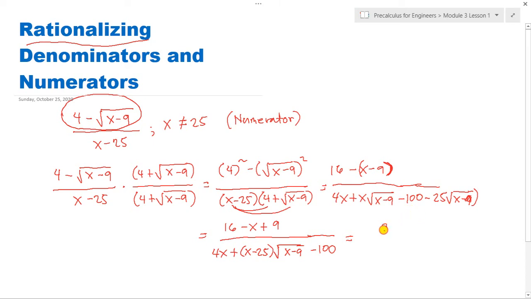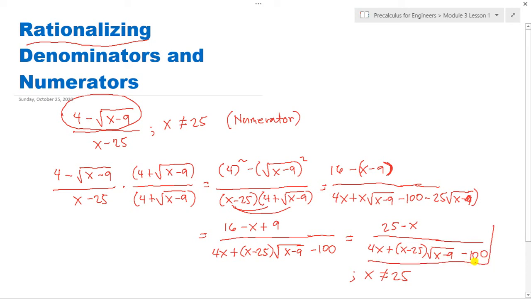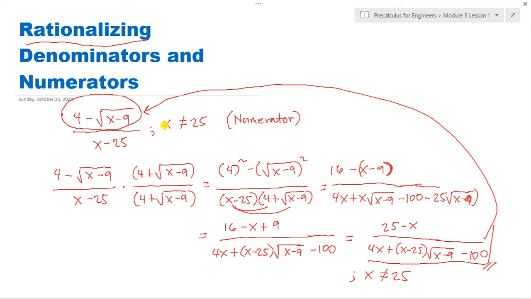So this is 25 minus x all over 4x plus x minus 25 times square root of x minus 9 minus 100. Now you should also again indicate the condition na x should not be equal to 25 because our final answer here is still the same sa ating original na expression na ito. We just modify its form, or we just rationalize the numerator.